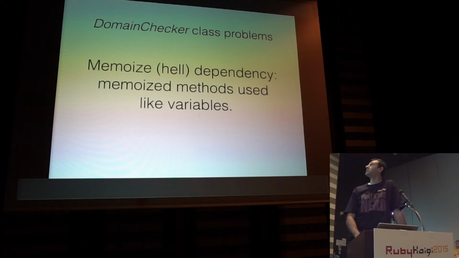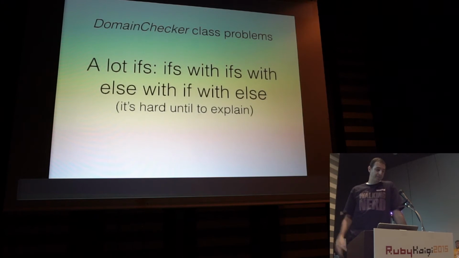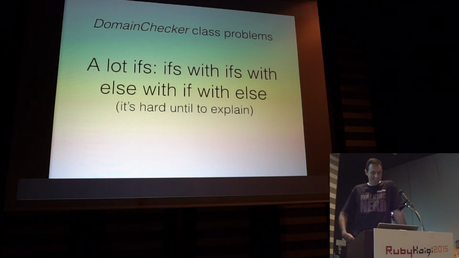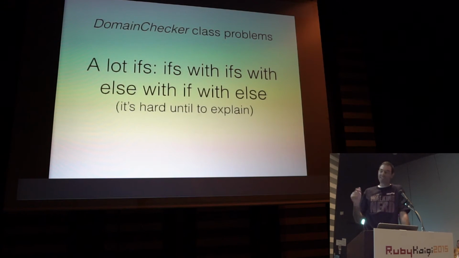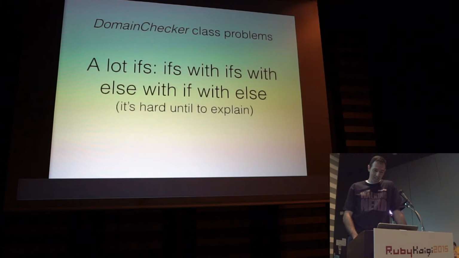And memorize methods used like variables, you are using methods thinking it is a variable. A lot of ifs with else, with if, with else, and go on. It's hard to explain.